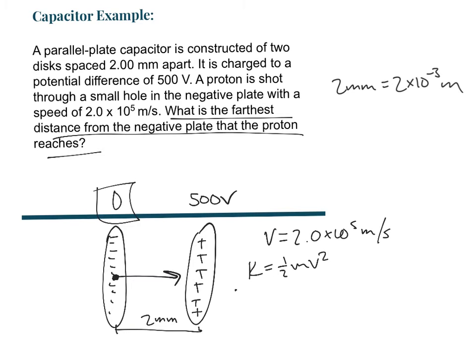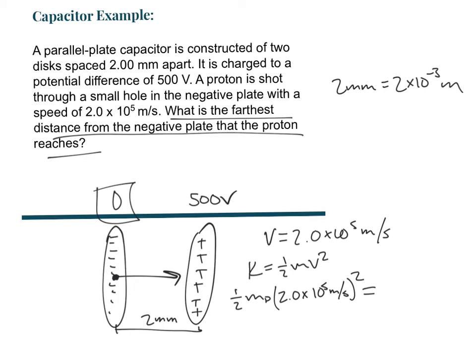So you would do 1/2 times mass, and this is a proton, so it's whatever the mass of a proton is, that's just a constant you can look up, times velocity, 2.0 times 10 to the 5th meters per second, squared. That's the kinetic energy at the beginning, and that's the total energy, because at the beginning there is no potential energy.